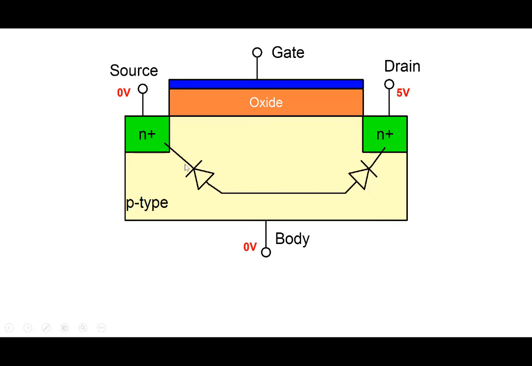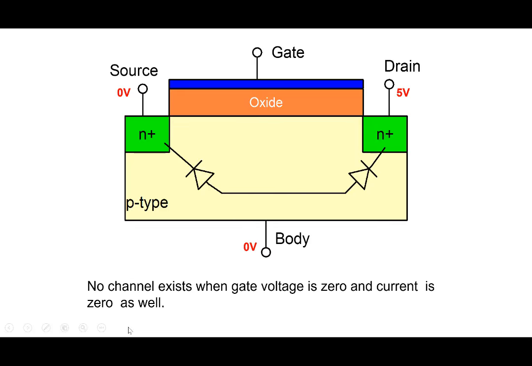But we see two diodes connected back to back. So when we apply 5 volt here, this particular diode will get reverse biased, and therefore no current would flow. No current would flow because there's no path from the drain to the source here. There is no conducting path here. And no matter what you apply, at least one of these diodes will be reverse biased, and therefore the current will not flow here. So 0 current.